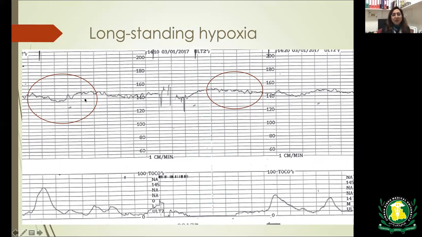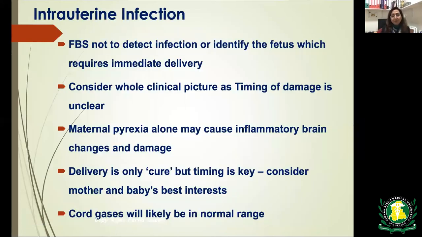And you can see the variability is reduced. That means the brain is not getting oxygen. So this baby is a long-term hypoxic baby. And therefore, this baby needs to be delivered as soon as possible. But mind you, there might already be some damage to the baby's brain. So detailed counseling is needed before we take decisions in long-term hypoxia.